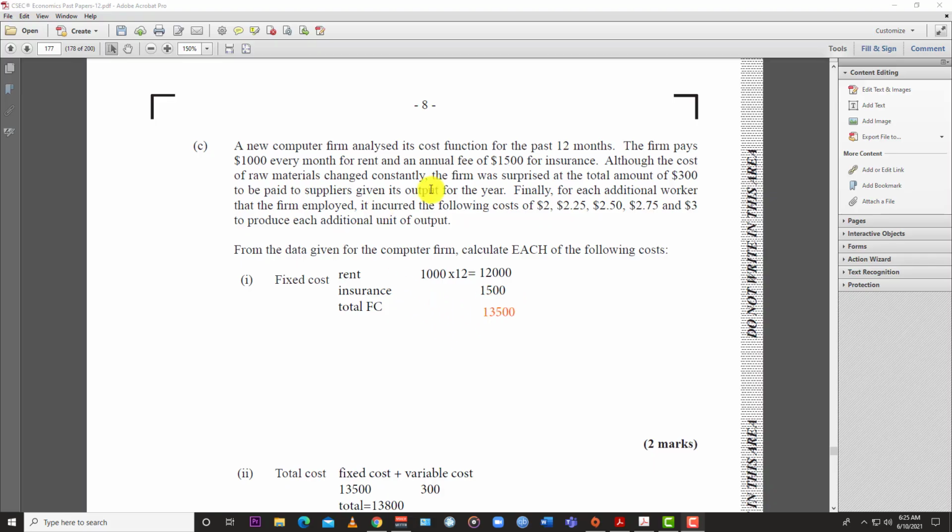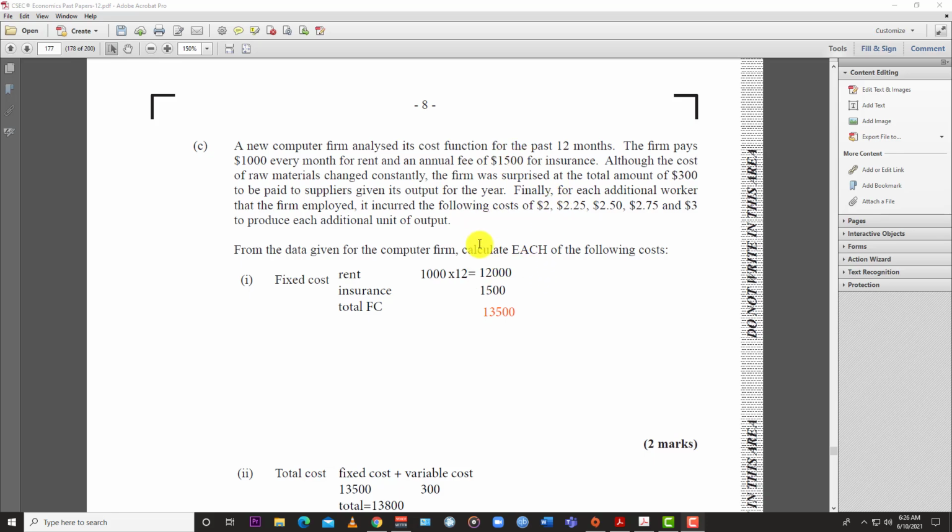So we highlight this fixed cost right here. So that's rent and insurance. And remember, this is a 12-month period. So the fixed cost, the monthly, the firm pays $1,000 in rent monthly. So you times that by 12 and you get $12,000 for the year in rent. And then they had an annual fee of $1,500 for insurance, as I highlighted here.